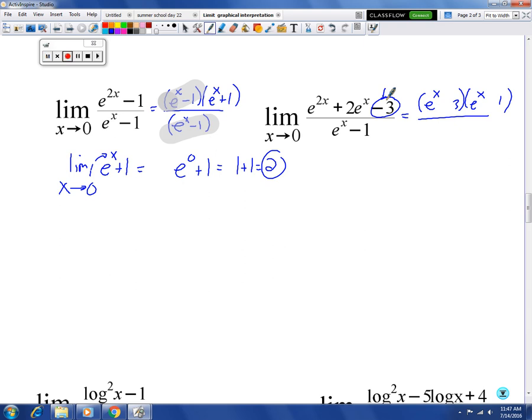So I can put it anywhere. Oh, it does matter. Which one do I want negative? I want the 1 to be negative, and you can kind of tell by that right there. It gives you a really strong hint which one's negative. And of course, if you're not sure, you can always go back and FOIL this. e to the x times e to the x, that's e to the 2x. e to the x times the negative 1, that's a negative e to the x.